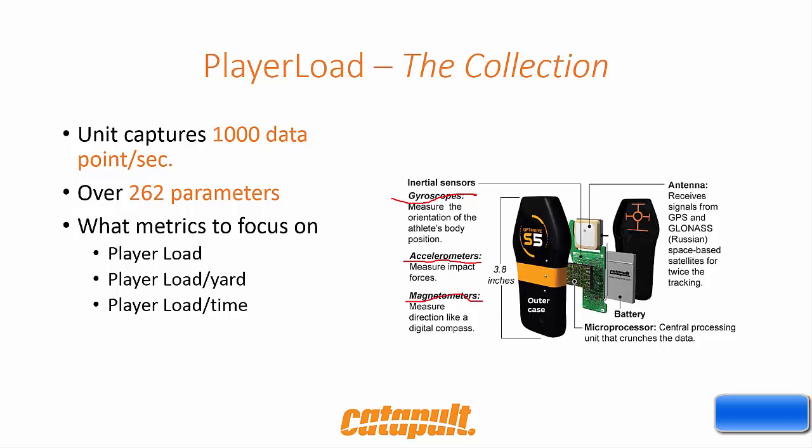The magnetometer is basically a kind of compass inside, so it measures what direction you're headed: north, south, west, east. We have over 262 parameters within the S5, and we're able to gain a lot of information from that.